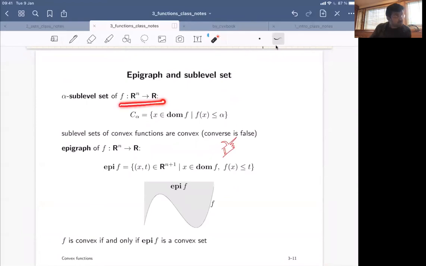We have a function f from Rn to R, and now what is an alpha sublevel set of that function? It is denoted as C alpha, the sublevel set of a function, which is a set of x such that x, of course, has to belong to the domain of f, and the function evaluated at that x should be less than alpha.